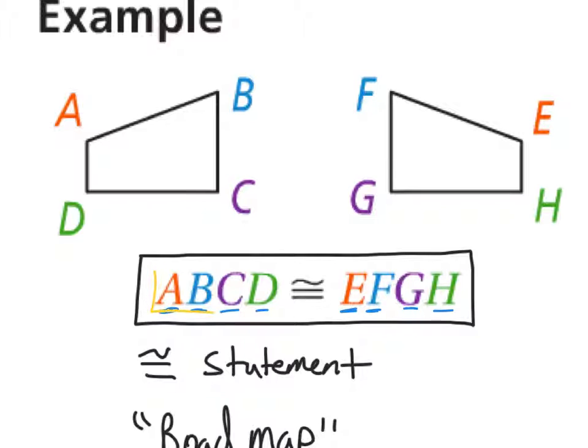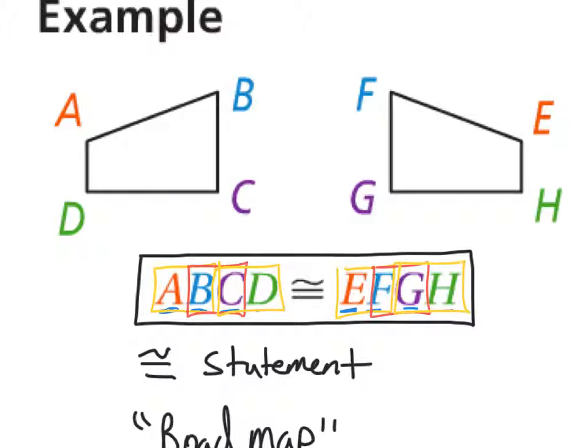Line segment AB is congruent to line segment EF. Line segment BC is congruent to line segment FG. Right? It's stated right there in the congruent statement, in that roadmap. Line segment CD is congruent to line segment GH. Okay?